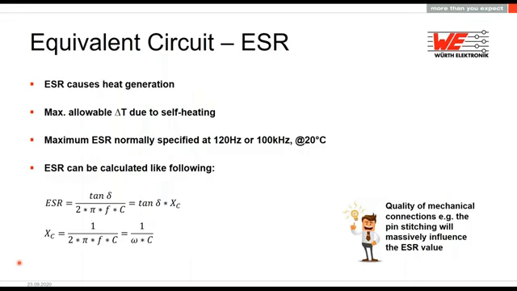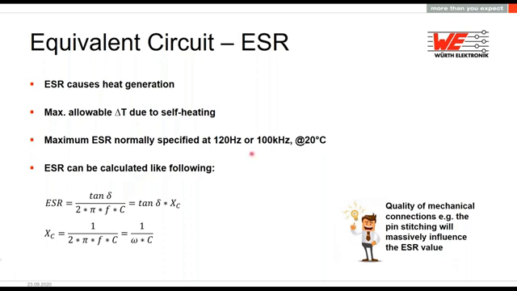ESR defines the dielectric and the ohmic losses, and this will generate heat. Also with the ESR, when there's a ripple, or a voltage applied and ripple current and so on, it will heat up the component by itself, and we have to check the maximum operating temperature.